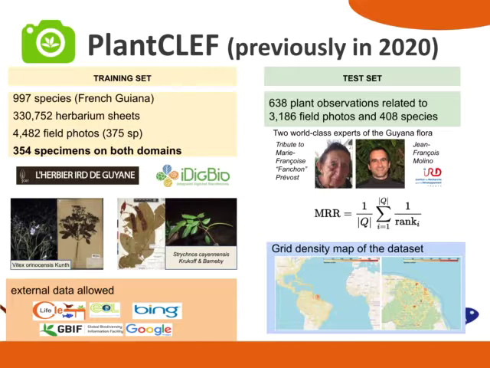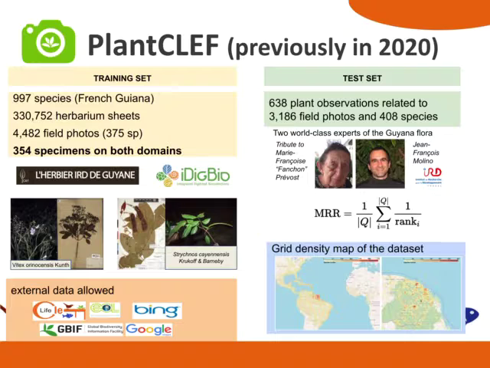So, in other words, it is a cross-domain classification task, and to solve this task, we provide a training set which is about 1,000 species in French Guiana. And for these species, we provide a very big data set of herbarium sheets, so actually more than 300,000 herbarium sheets, and only a much smaller set of field photographs that are aimed at helping the system to learn a transfer function between the herbarium sheets and the field photographs.